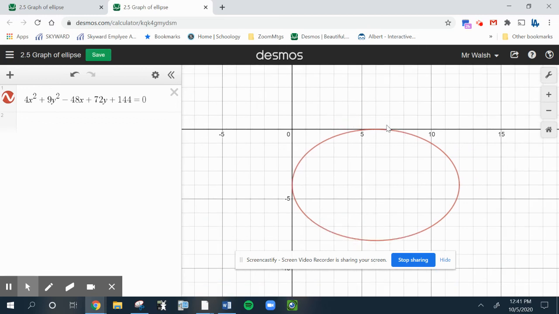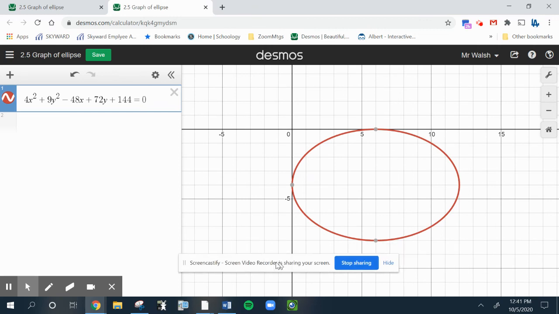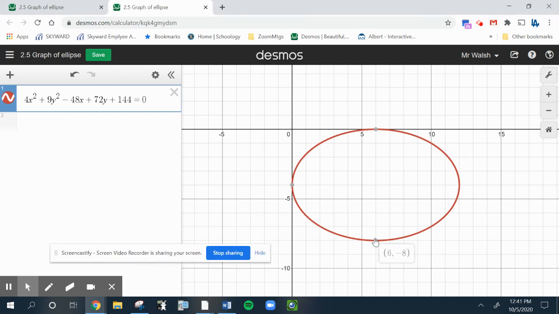You can see that we have a horizontal tangent line at (6, 0) and one at (6, -8). We have vertical tangent lines up and down at (0, -4), and over here at (12, -4). So it worked.